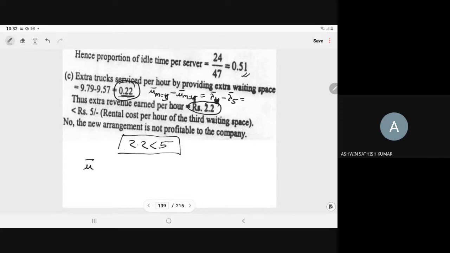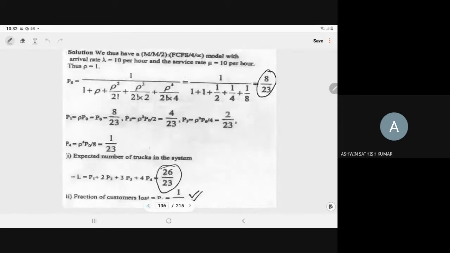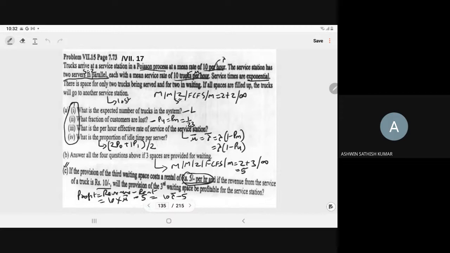Why do we multiply by 10? Actually, it is given to you that each serviced truck will give you an extra 10 rupees. Okay, got it, revenue from each truck. Thank you.